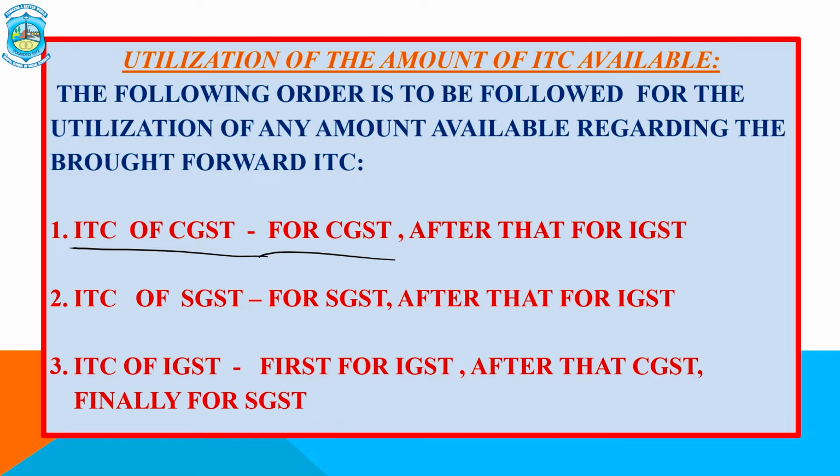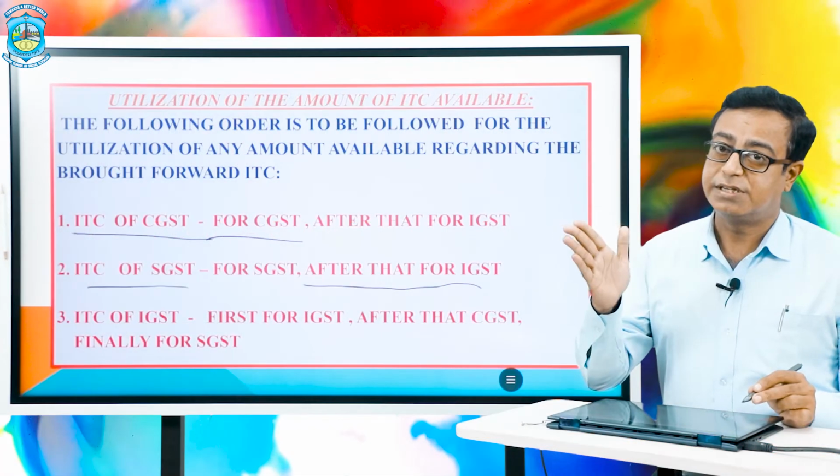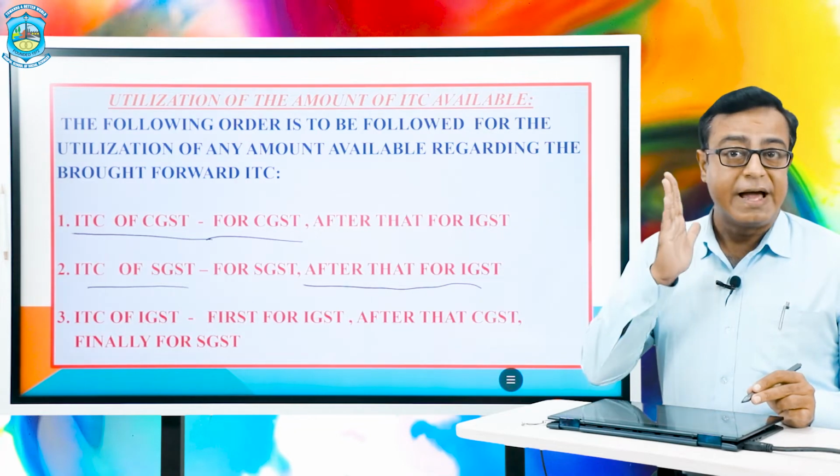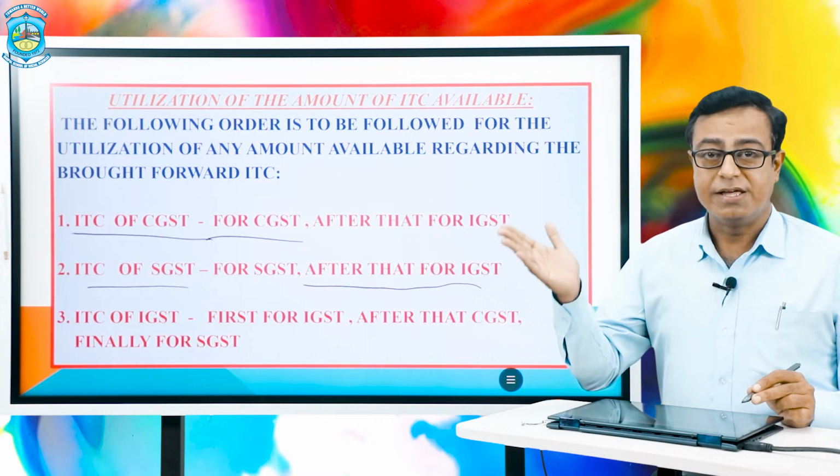So, first is CGST, next is IGST. Coming to SGST, the same rule applies. First it will be utilized for the payment of SGST and after that it can be utilized for IGST. So, CGST for CGST, after that IGST; SGST first for SGST and after that IGST.